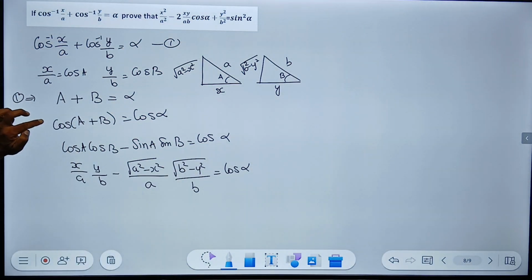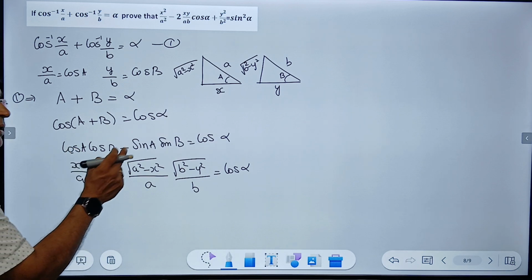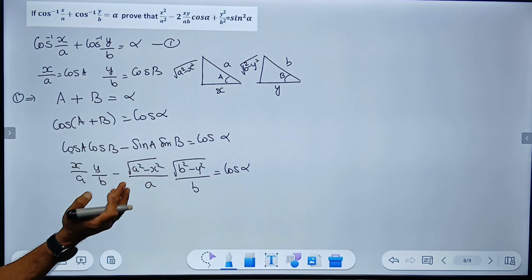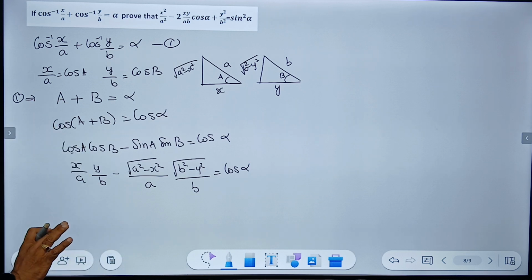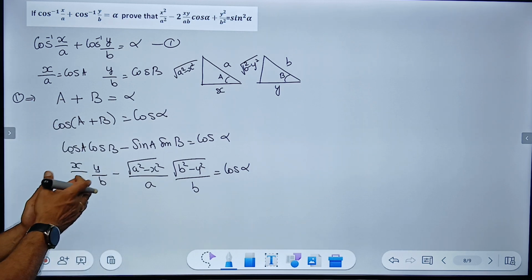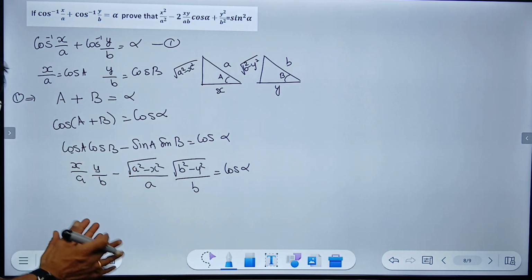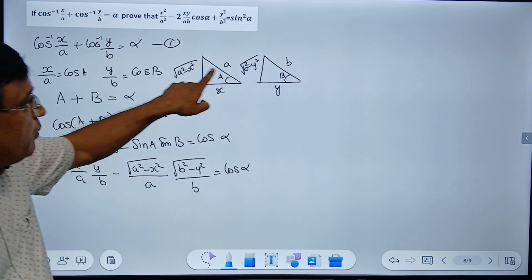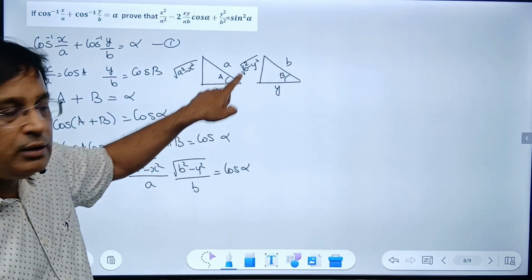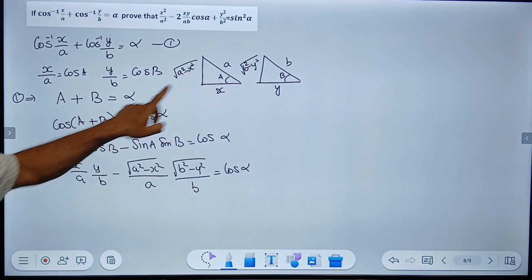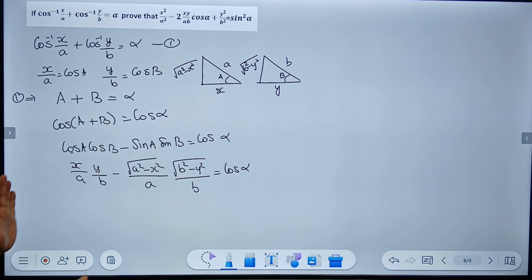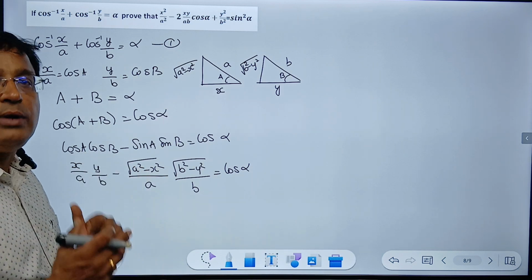If I had taken sine, I would have got sin A cos B plus cos A sin B, where there will be a square root on both the terms. Nothing wrong, the steps will increase. In this way, I am able to isolate the square roots separately. So I always tell people that if you have square roots on the same side, you take cos. If the square root is here, you take sine. In that way, your roots will be together. It's easy to handle.